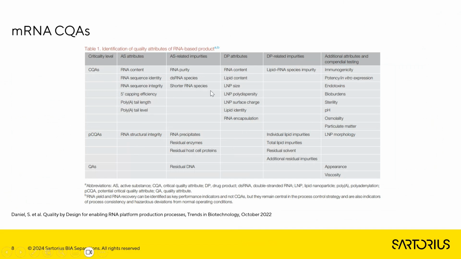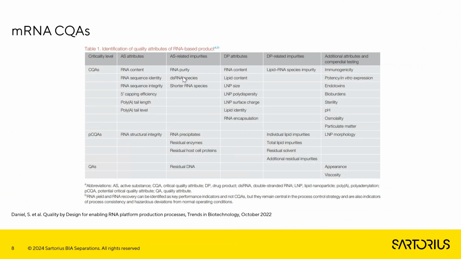Today, I will really focus on dsRNA as perhaps the most famous impurity in an mRNA process. And I will try to couple the control of double-stranded RNA with productivity of mRNA drug substance itself. So how do we make as much mRNA while keeping double-stranded RNA as low as possible?